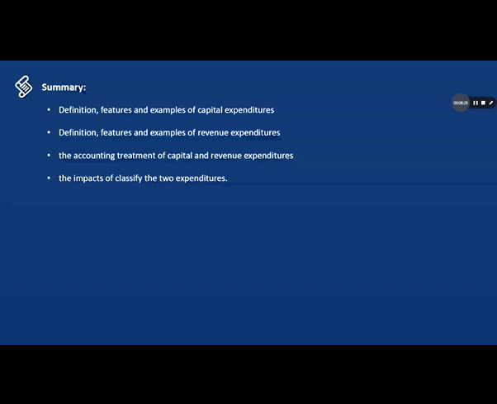So it's very important for us to know this because it will make the financial statement right if we classify these two expenditures right. Otherwise, we'll present a wrong financial statement to the users, which is not good for accounting.